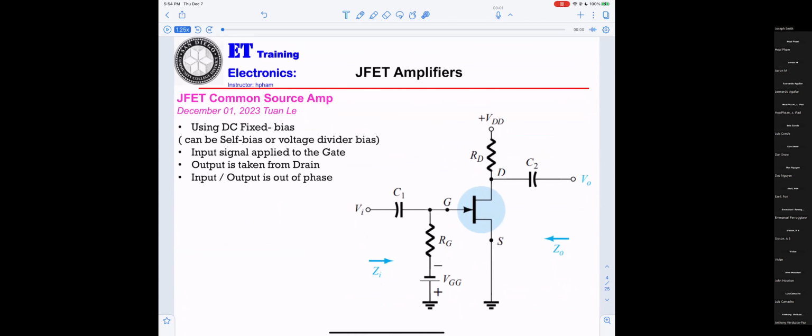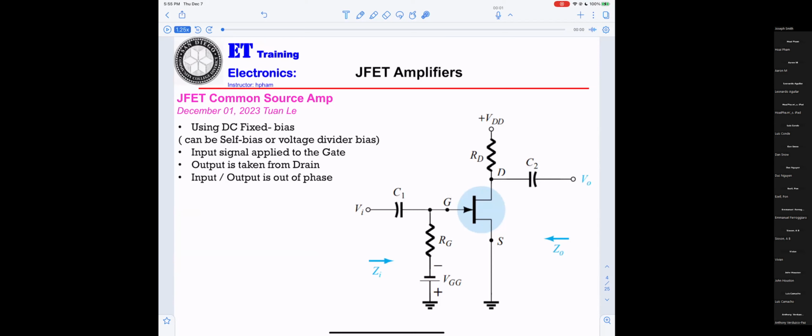Now, first thing, we're talking about the common source amplifier. When you're looking into the circuitry, you need to recognize common source, common gate, or common drain. Normally, in a job interview, they just ask you that. They don't ask you to do calculation. Okay?